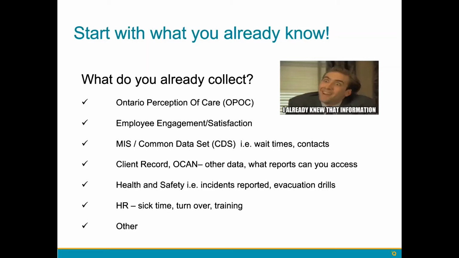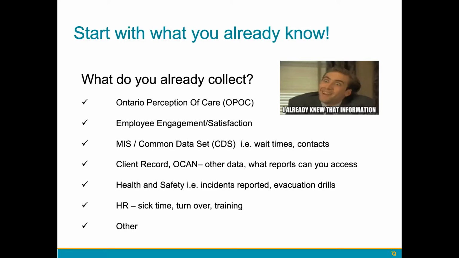The common data set and the management information systems that most agencies have in some way, that information can be valuable as well. Client records, as I was saying, and other data. There are many reports I can imagine every agency and organization has access to. So stick with what you have rather than creating a whole new area to focus on.